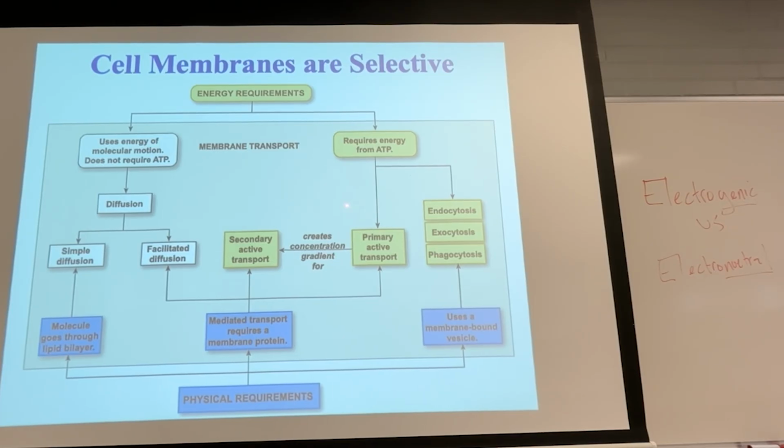So pumps build concentration gradients. Now, once I've got this huge concentration gradient on either the inside or the outside of the membrane, then I can do secondary active transport, which is going to use the concentration gradient to move things against the concentration gradient of another solute.